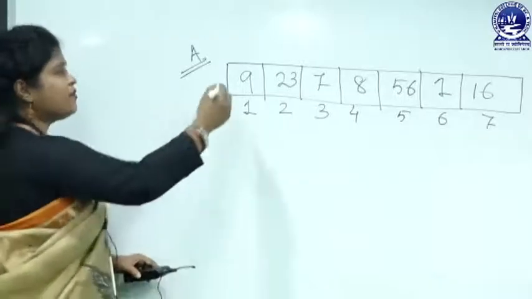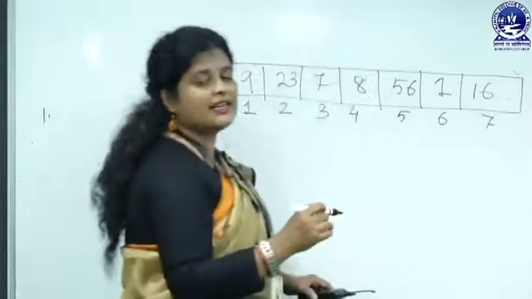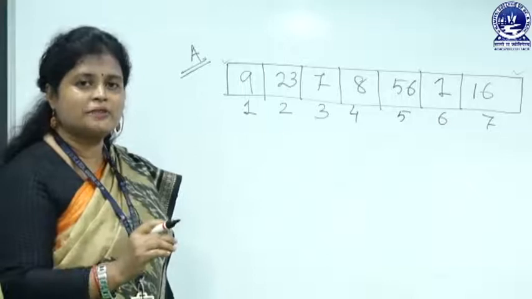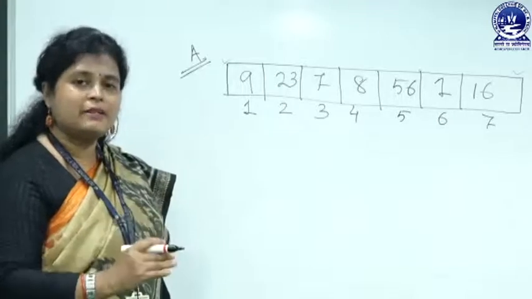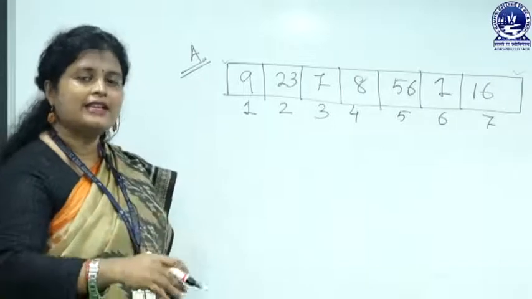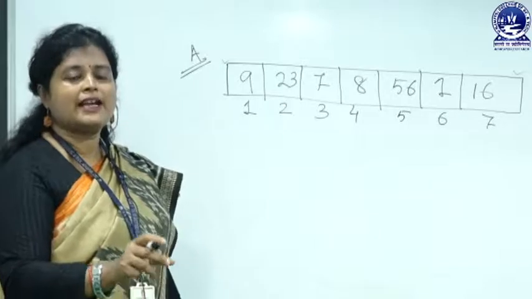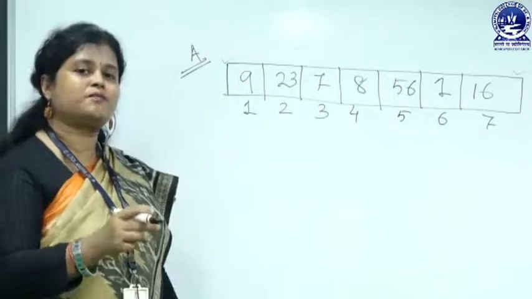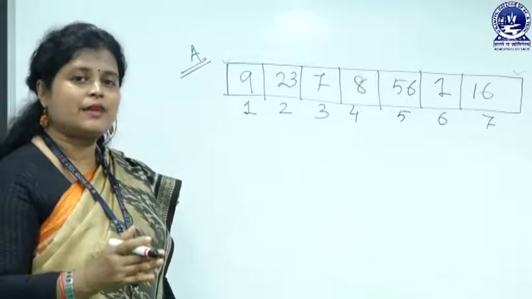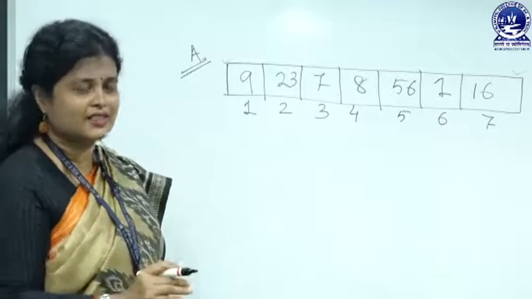It will start from this point and continue up to this point, and at each iteration it checks which element is smaller. If the first element is greater than the second element, then swap. In this way it compares each two consecutive elements, and when the condition is false, there will be a swapping. Each time we try to place each value at its proper location.